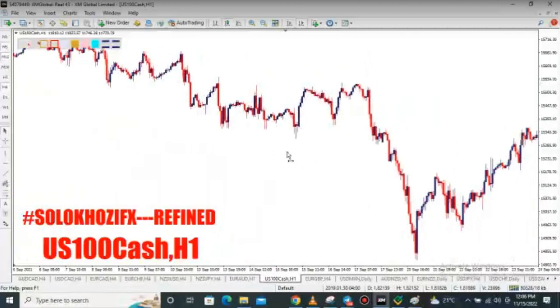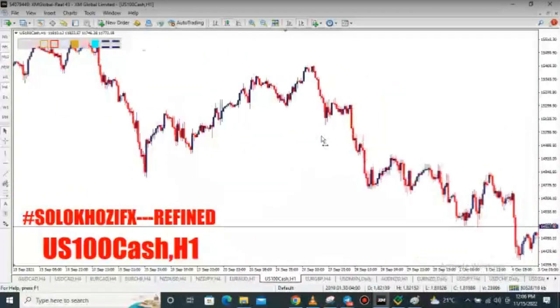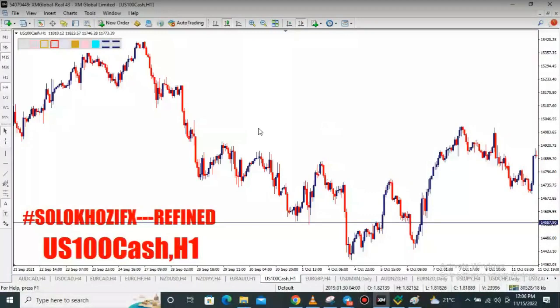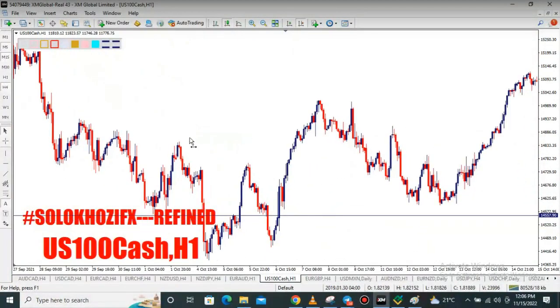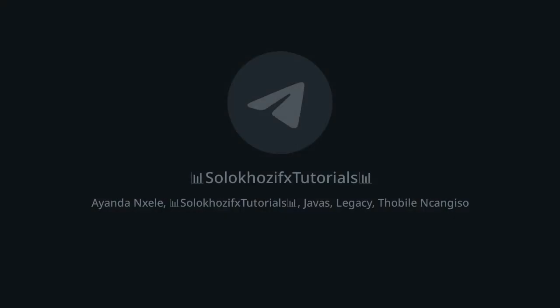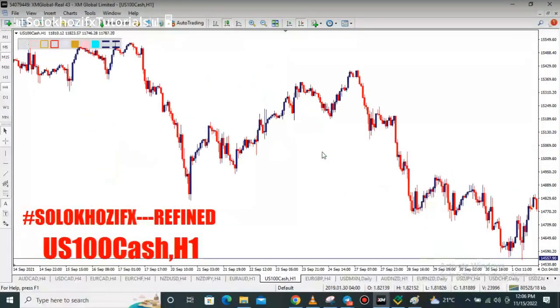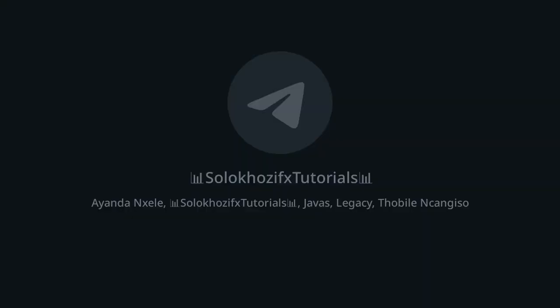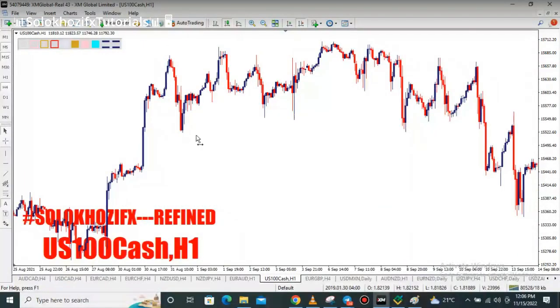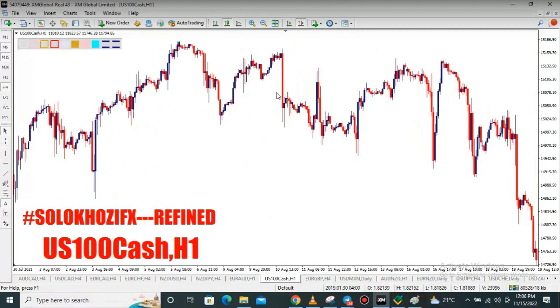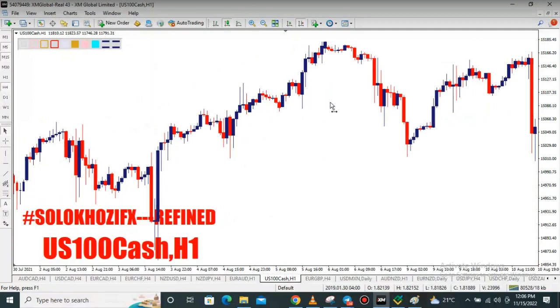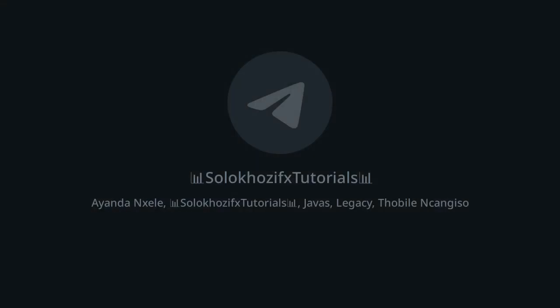So here it is. Our last example. See how these candles are falling in line with each other.